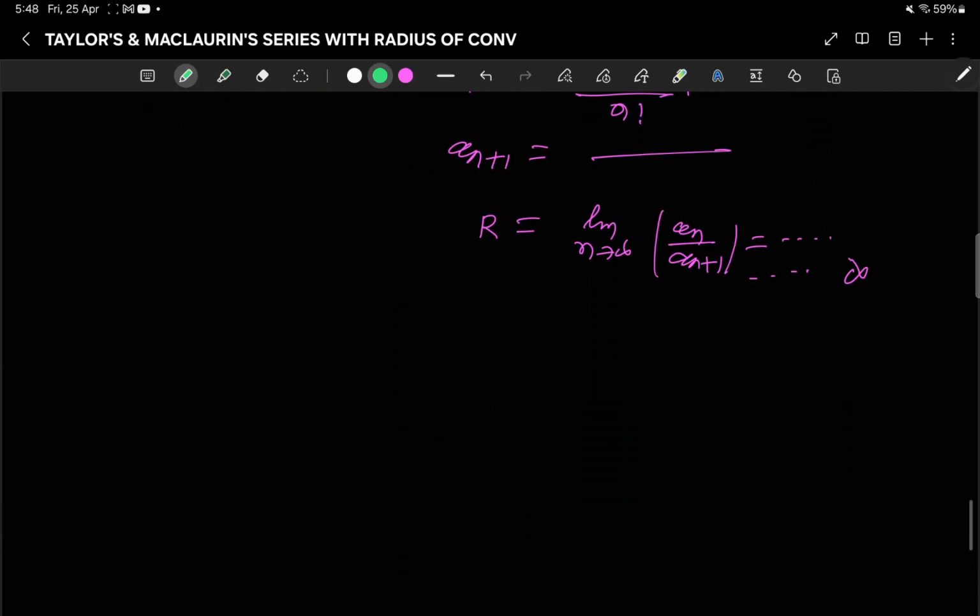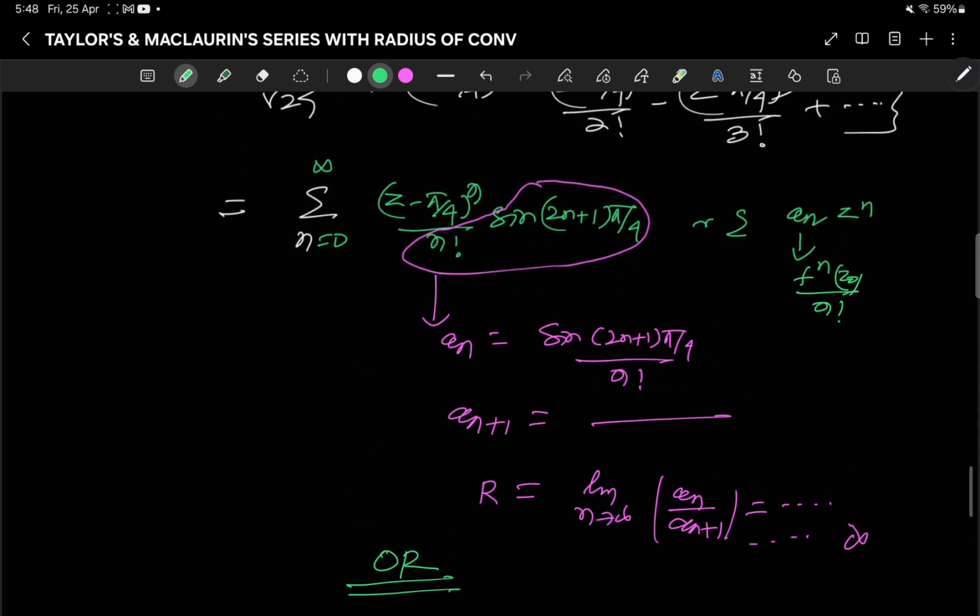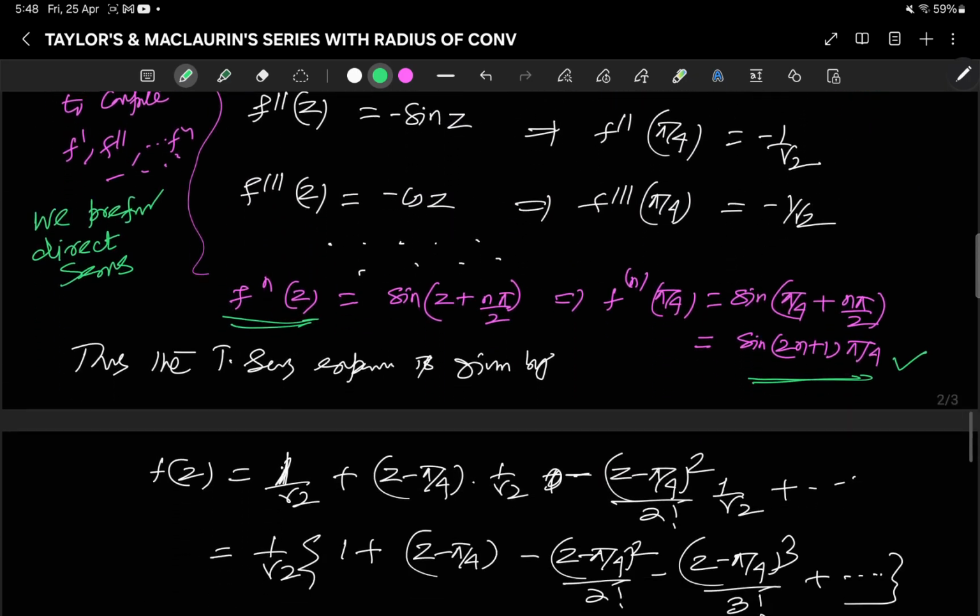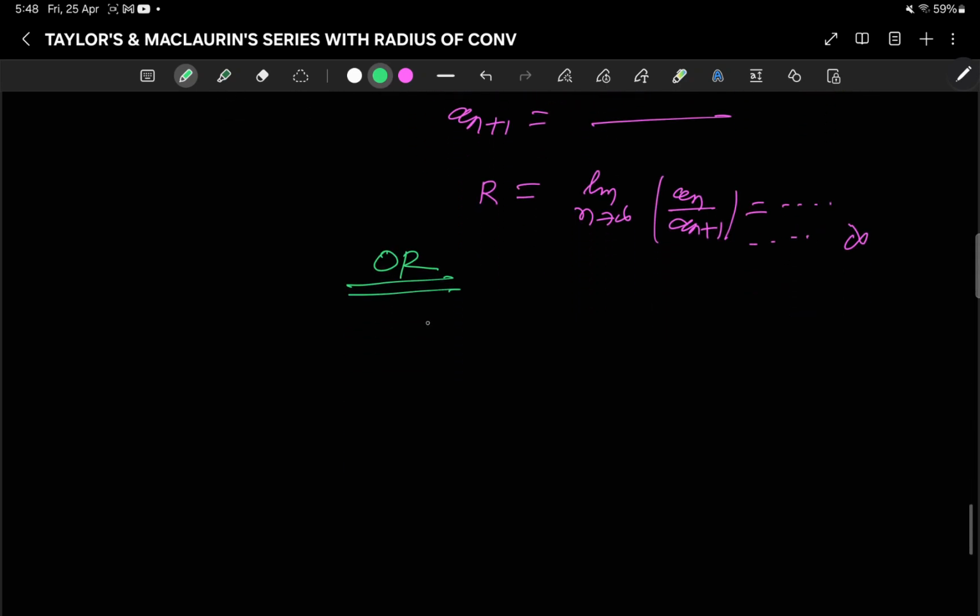Now alternatively, if I apply the series technique directly, it means you put your center as pi by 4, z minus pi by 4 is equal to u. So that means here z is equal to u plus pi by 4.